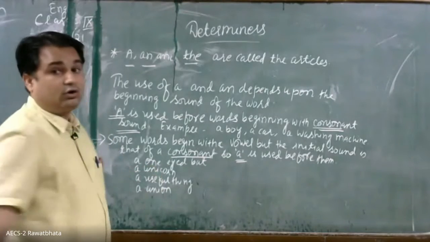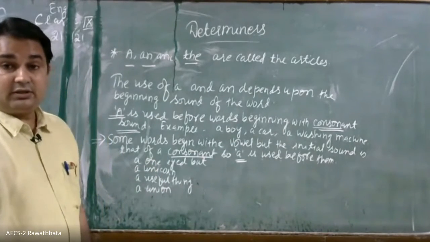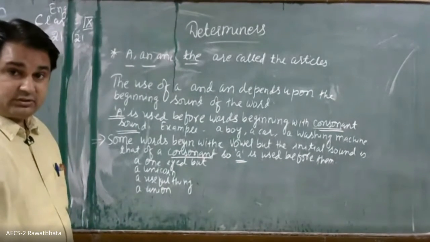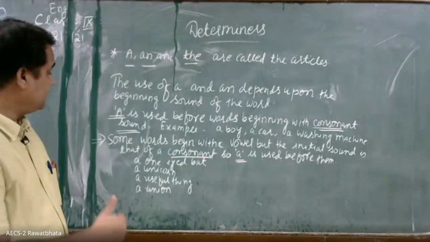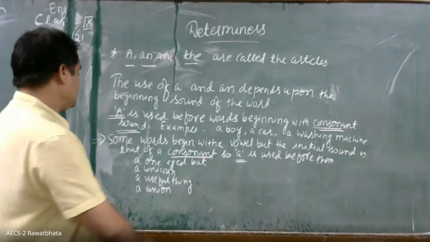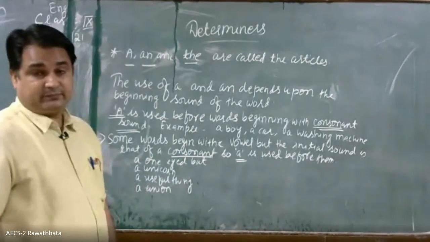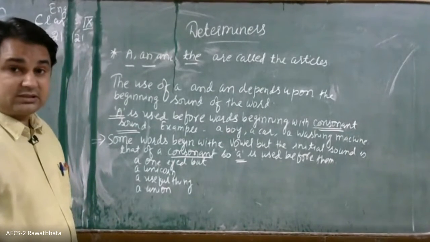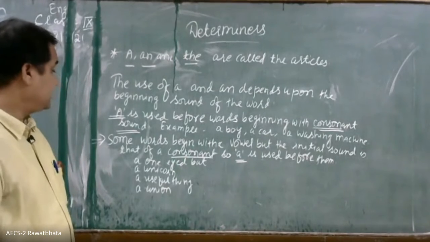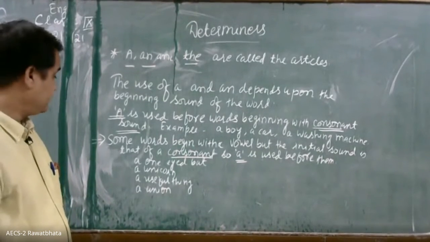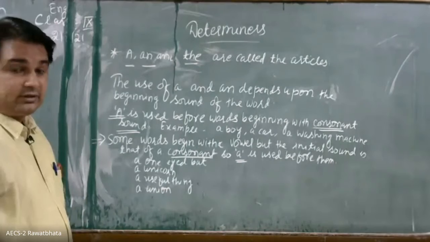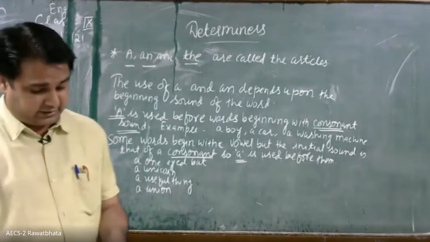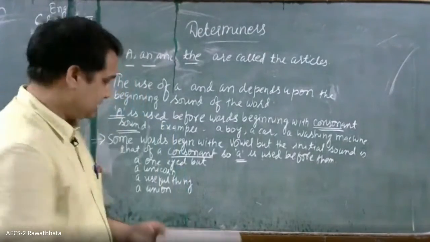A unicorn: the U sound is that of a consonant, so a will be used. A useful thing: again the sound is that of a consonant. A union. So in all these cases, a will be used. Okay, you write some more examples.